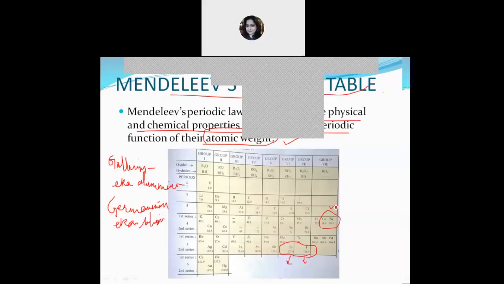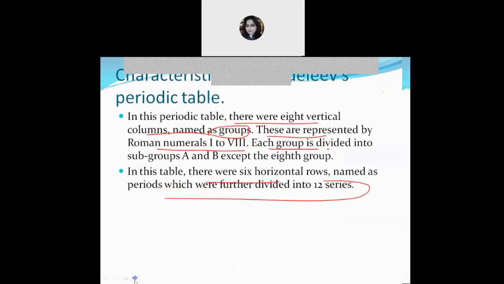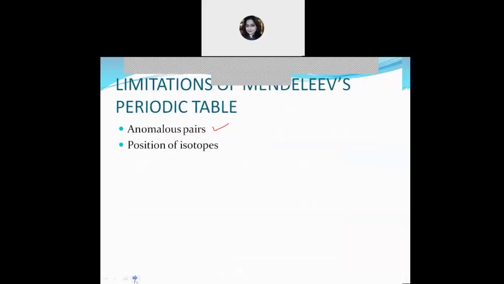After that, the next discrepancy was the position of isotopes. Isotopes are the atoms of the same element having different atomic masses but the same atomic numbers. So the isotopes of the same element would be given different positions if atomic mass is taken as a basis.